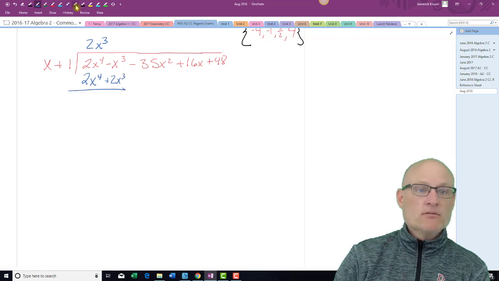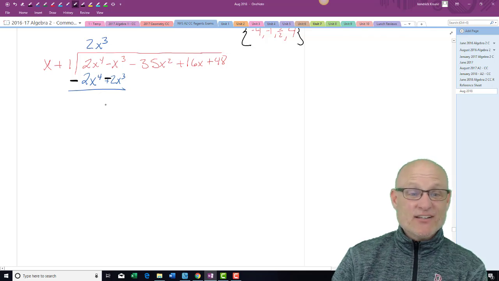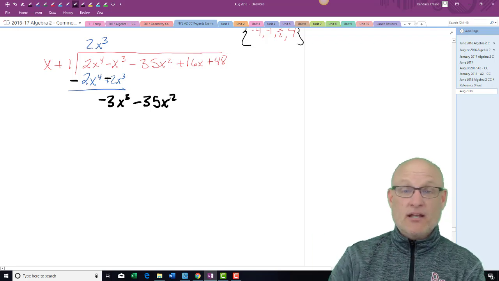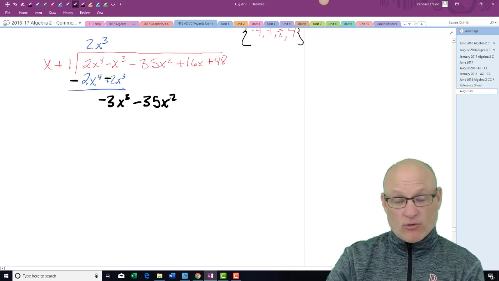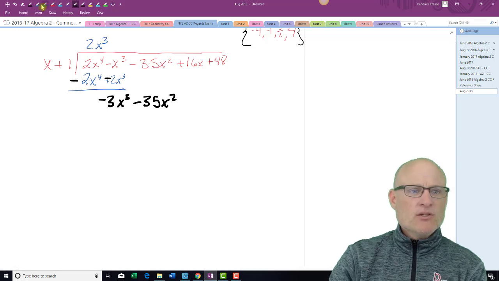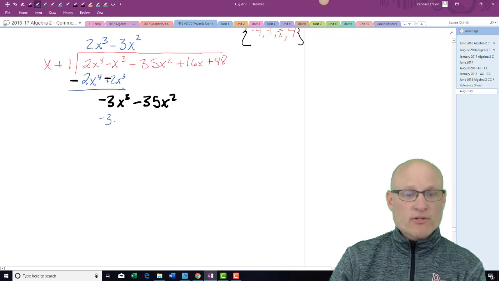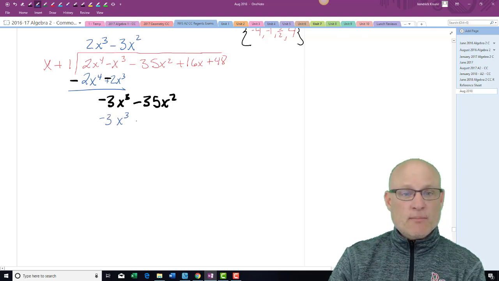Subtract, change the signs. So I get -3x cubed minus 35x squared. Again, you mess up one sign, you have to start all over. And since you're working in pen, that sucks. So just take your time. So x times minus 3x squared, so this is minus 3x cubed minus 3x squared.